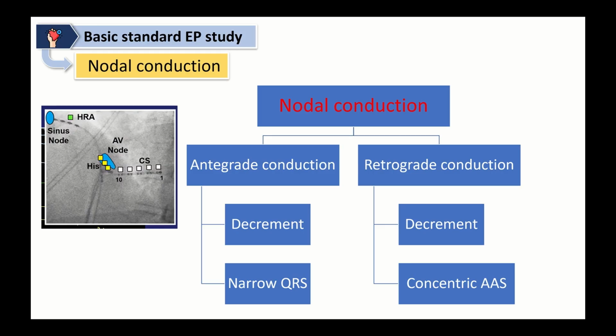However, in the retrograde conduction we can appreciate VA decrementation. The more incremental pacing, the more decrementation, the longer the VA interval. And regarding the atrial activation sequence, it will be concentric, so the earliest A will be at His or CS 9-10.